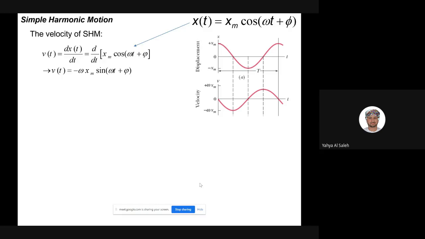Cosine becomes minus sine, and we get a factor of omega on the outside. So we get minus omega x sine omega t plus phi. So we get another sinusoidal function, but there's an offset between the displacement and the velocity. One is cosine, one is sine.